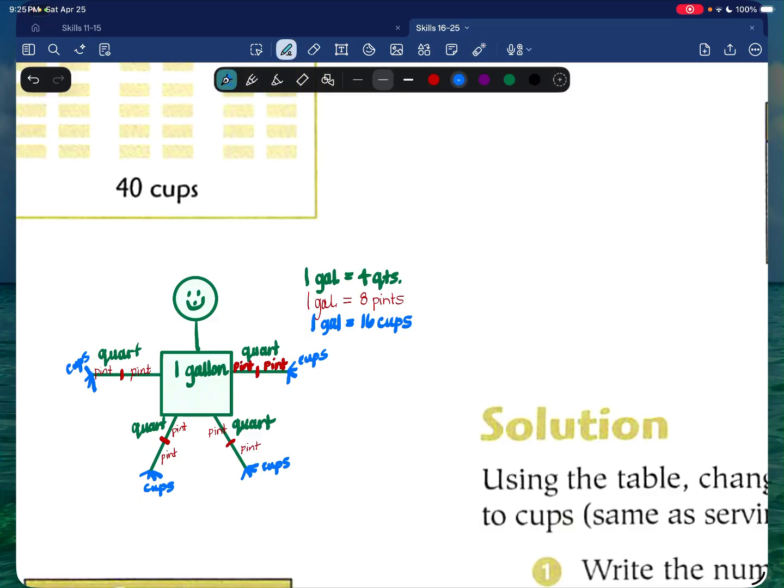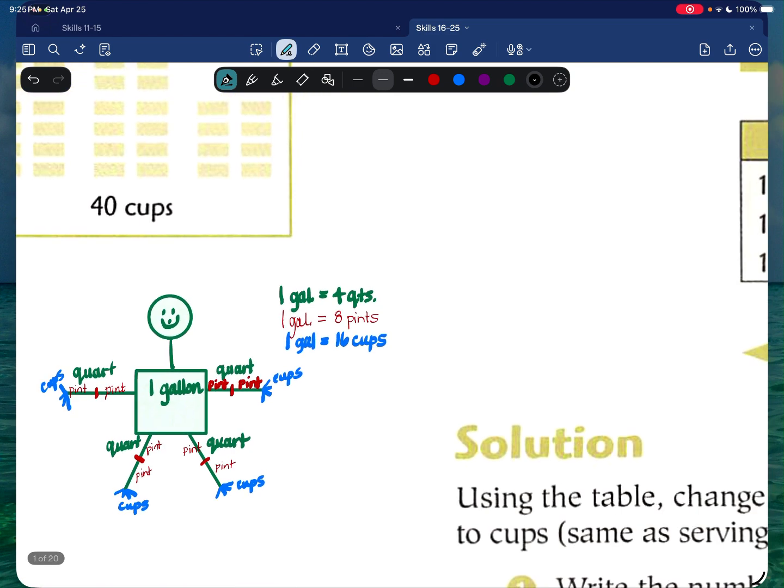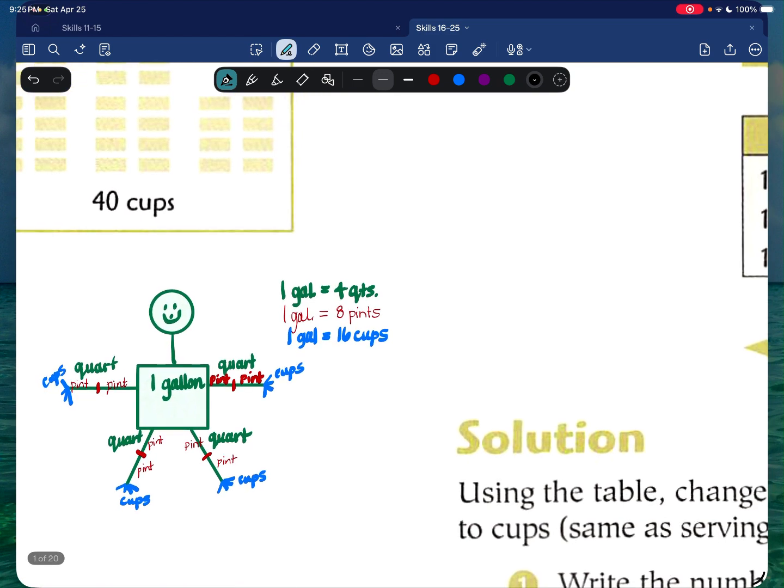Then once I know those, I can use a proportion to solve my problem. I want to convert gallons into servings, which are the same thing as cups. And I know that 1 gallon has 16 cups, and we have 2.5 gallons of soup.